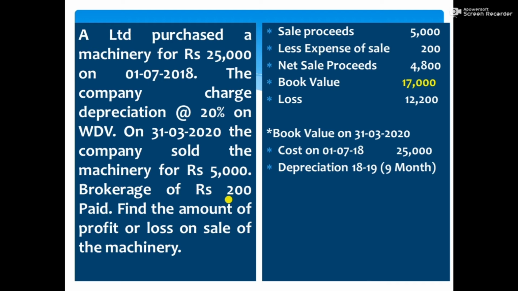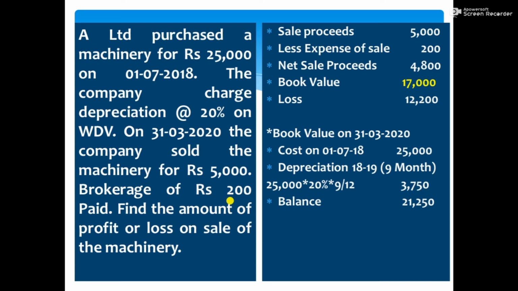Depreciation for the first year, that is the financial year 18-19, 9 months depreciation, 25,000 into 20% into 9/12, that comes to approximately 3,750 rupees. And therefore the balance after first year of depreciation, 25,000 minus 3,750, is 21,250.